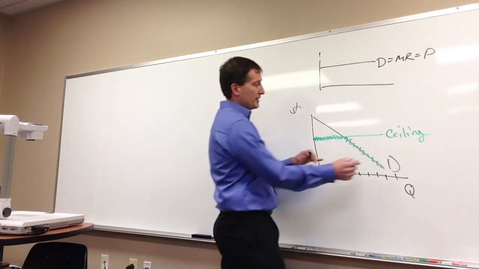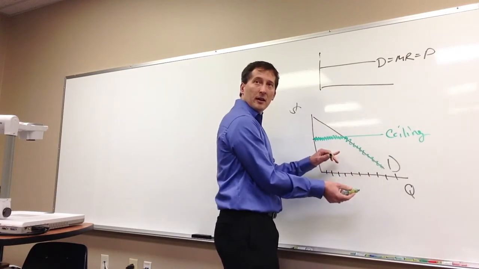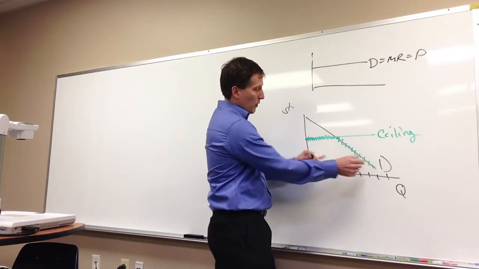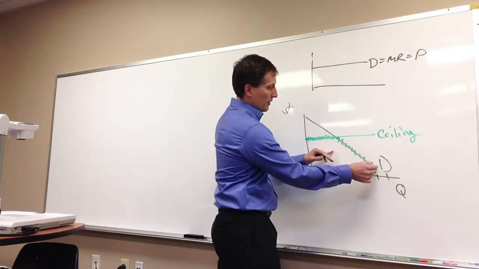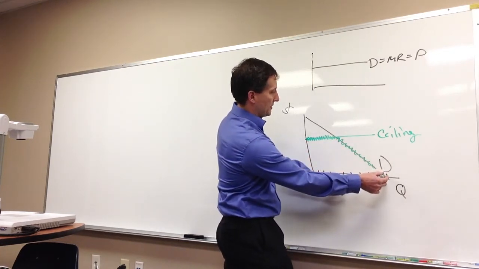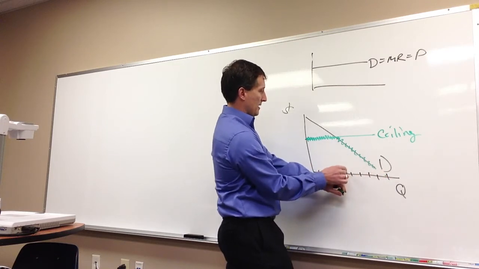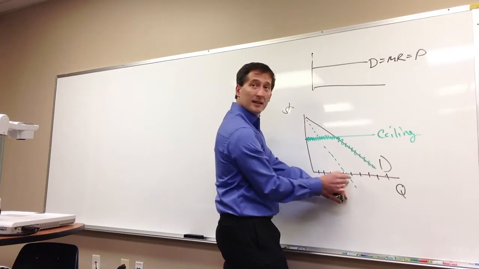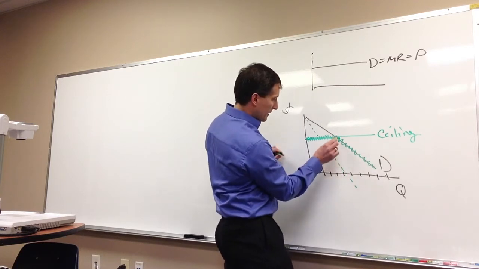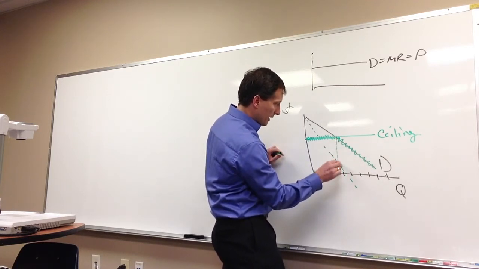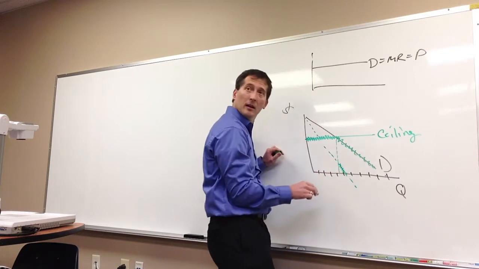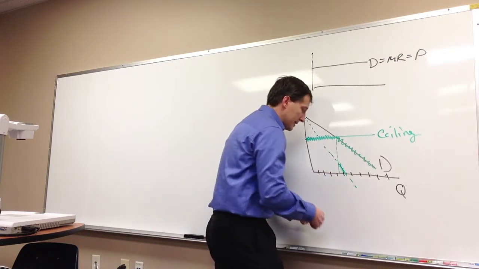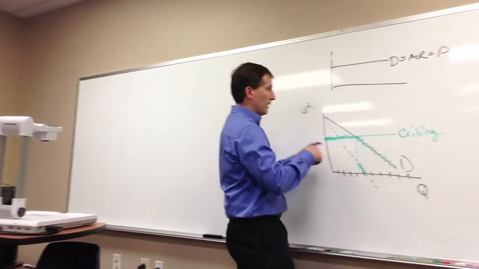Now, the properties of the marginal revenue function remain. Graphing it here, some sort of marginal revenue curve would look like this. Now, the relevant marginal revenue function is right here. So that marginal revenue function is discontinuous as well.